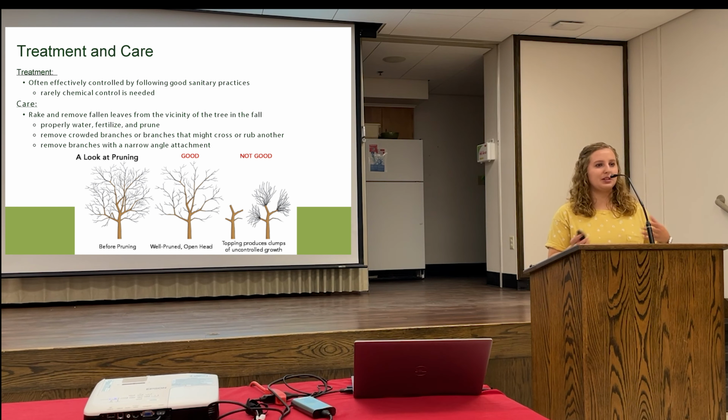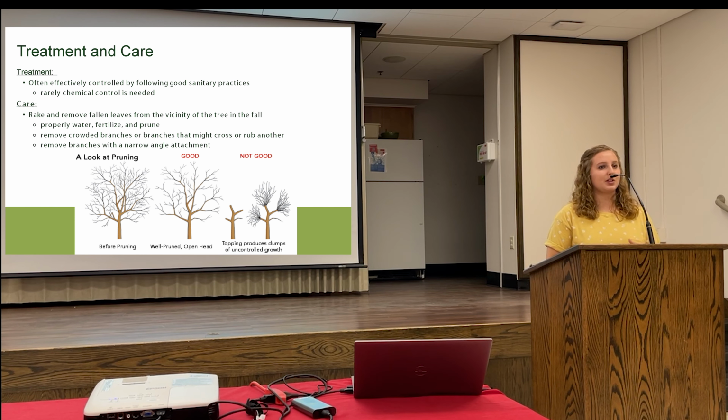So for some treatment and care options for those 2 things, it's often effectively controlled by following good sanitary practices, and rarely a chemical control is needed. So proper care of these trees will really help prevent those 2 fungal infections from happening.